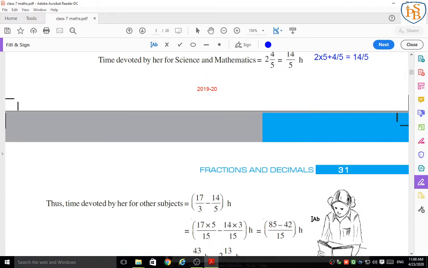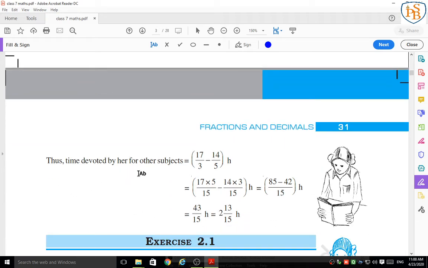Okay. So the time devoted by her for other subjects is equal to 17 upon 3 minus 14 upon 5 hours. Again the denominators have different values, so we have to equalize the denominators, and the LCM of 3 and 5 is 15.